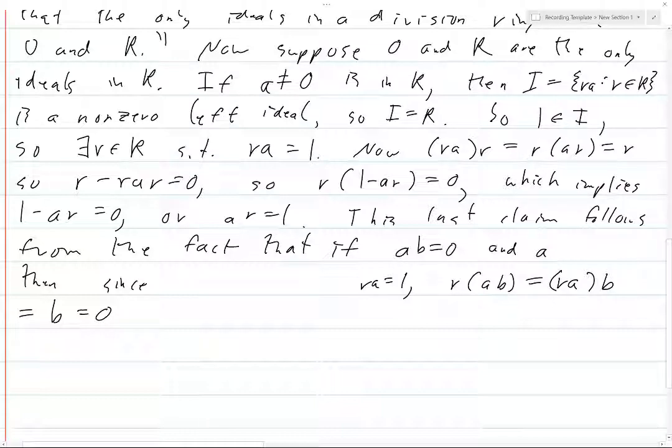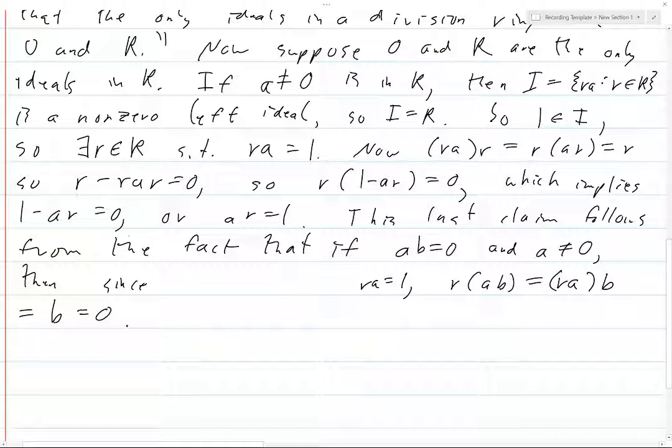From the fact that if ab equals 0 and a is not equal to 0, then since ra equals 1, r times ab, which is just ra times b, but that's just 1 times b, equals 0. Okay, so cool. We're back on track. So 1 minus ar must be 0, or ar equals 1.